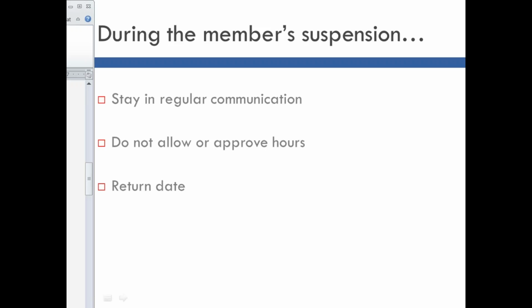Member was saying, well, I was doing some service while I was on suspension and logged those hours, and the program just didn't compare that and didn't realize that that was the period in which the member was suspended. So be careful with that. That's why those notes will be helpful in the Encore timesheet saying member was suspended from this time to this time, just to make sure that no hours are being logged during those time periods.